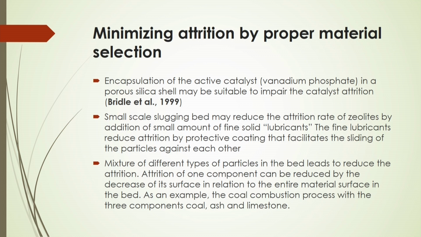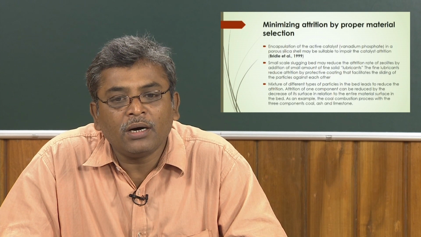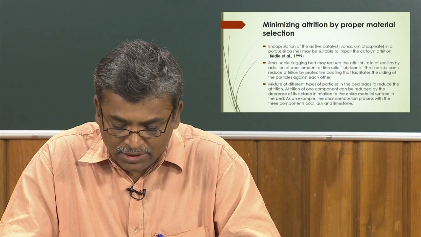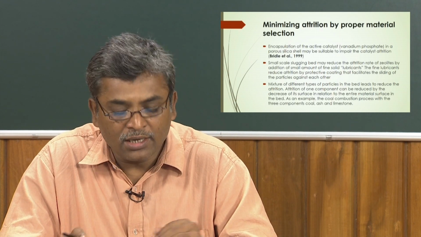Now, a mixture of different types of particles in the bed sometimes leads to reduced attrition. Attrition of one component can be reduced by the decrease of its surface in relation to the entire material surface in the bed, like in a coal combustion process with the three components of coal, ash and limestone.